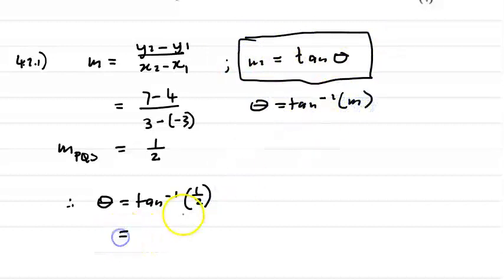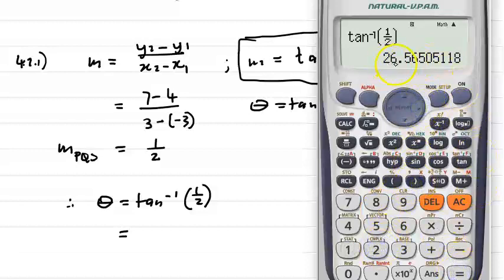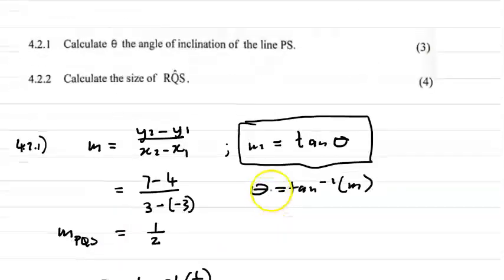So let's now put that into our calculator. Shift tan of half equals 26.57 degrees if we round off. So now we've got the answer, 26.57 degrees. Now let's look at the next question.